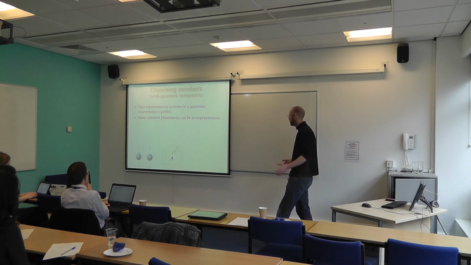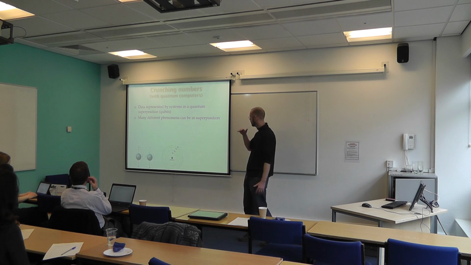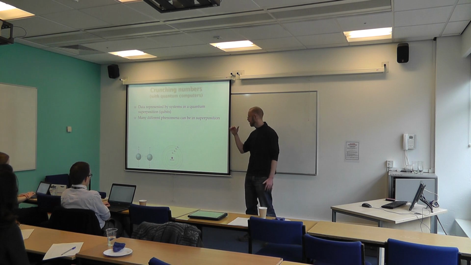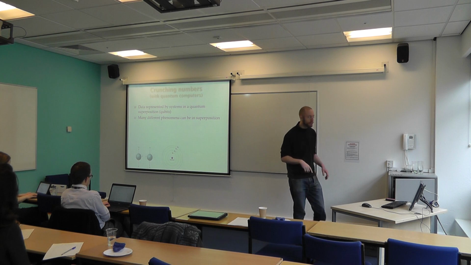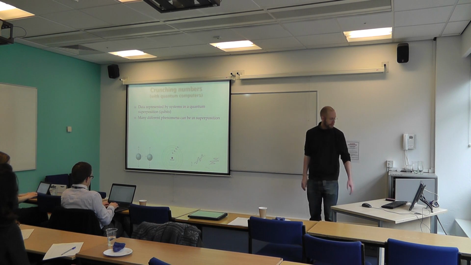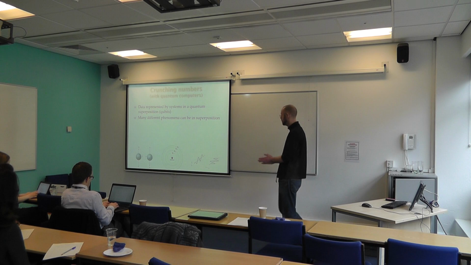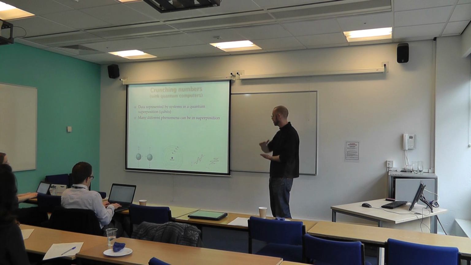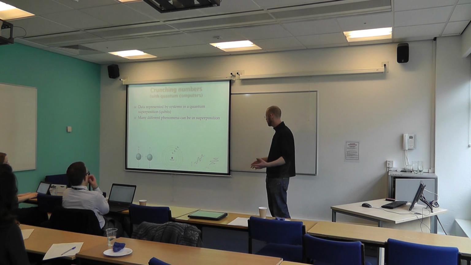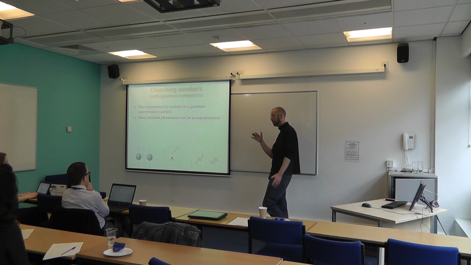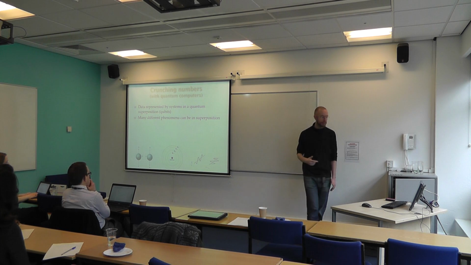Also, electrons bound to an atom have to exist in certain well-defined energies called energy levels, and an electron can be put into a superposition where it is in two energy levels at the same time. Similarly, a photon can be polarized vertically or horizontally, and it can be put into a superposition where it's polarized vertically and horizontally at the same time.